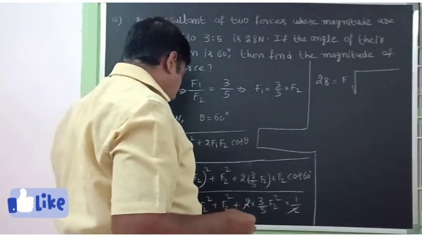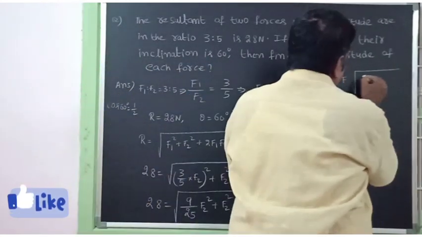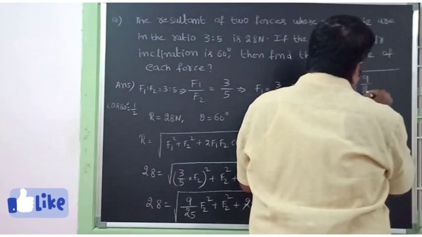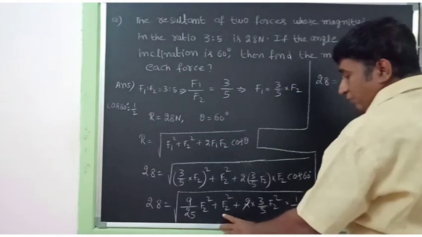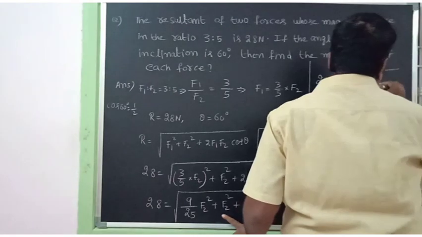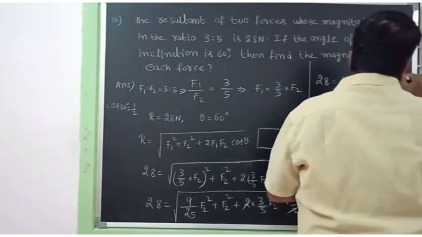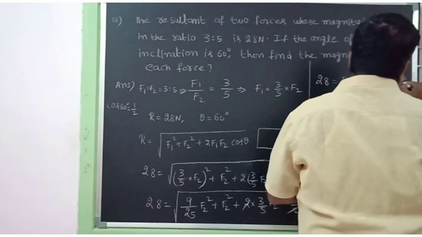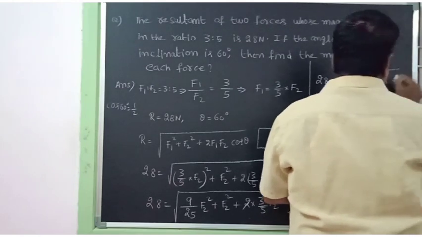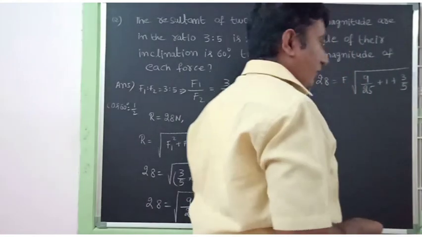This is nothing but root of 9 by 25 plus 1 plus 3 by 5, with only F2 taken out as common.